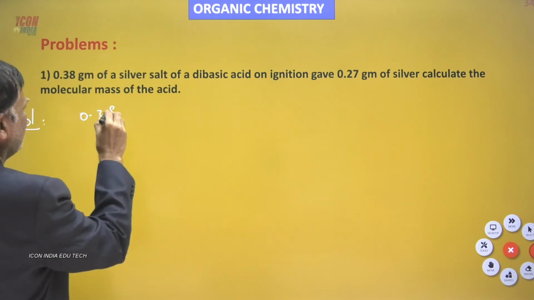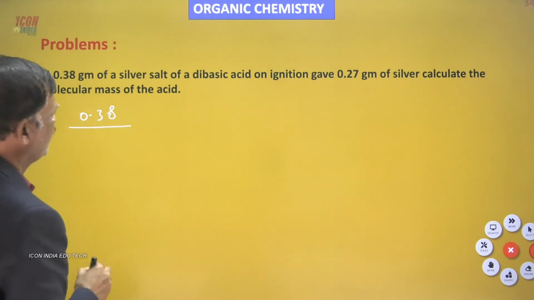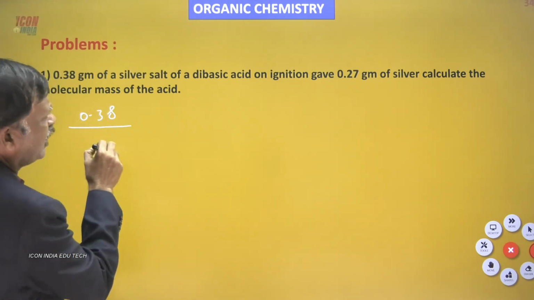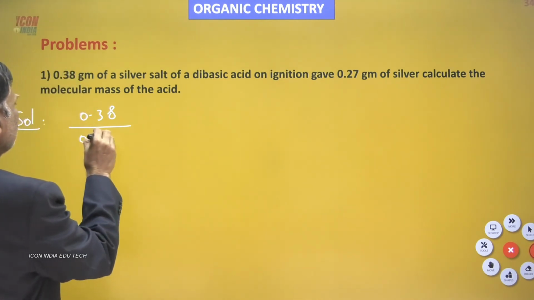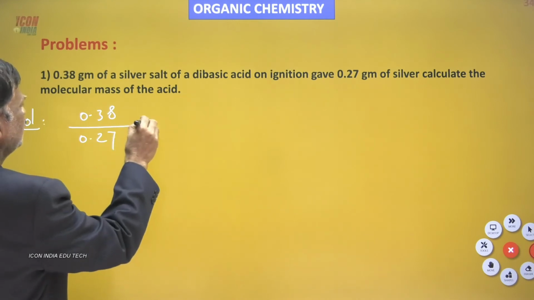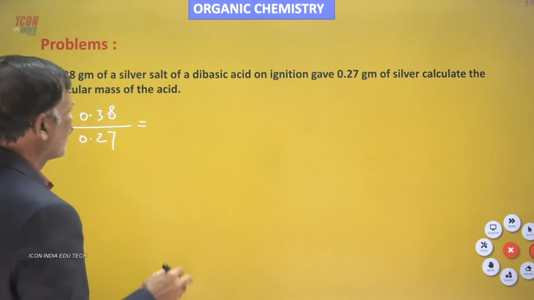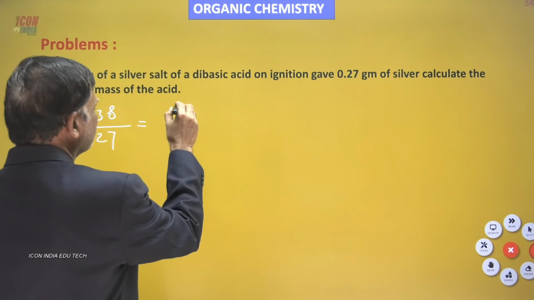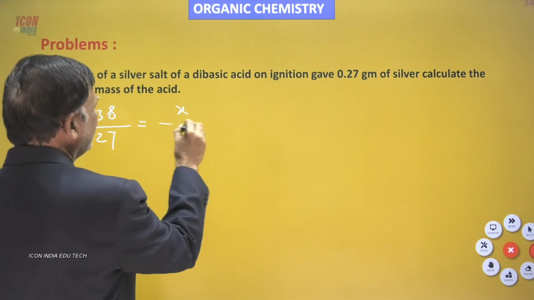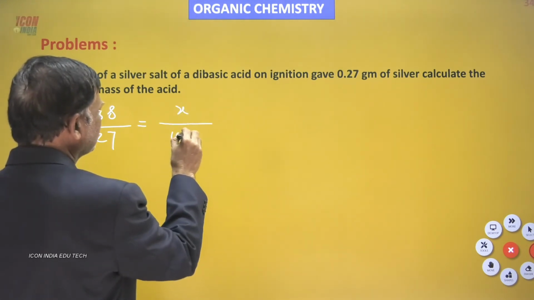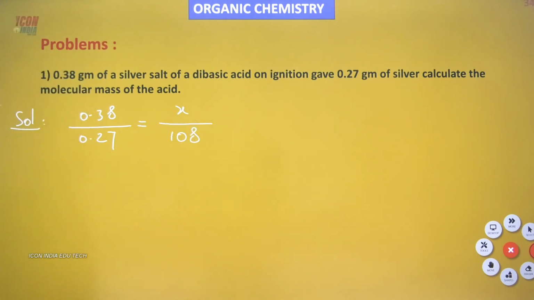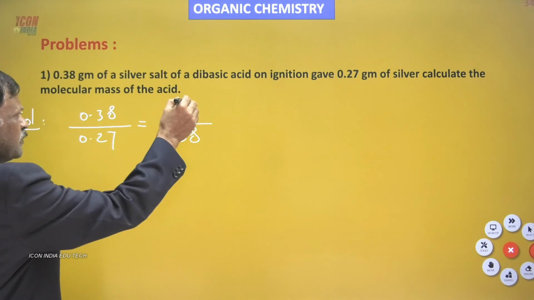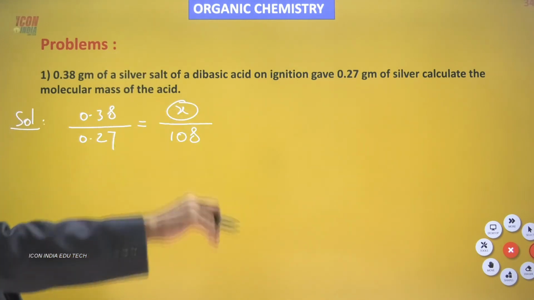So, mass of silver salt of carboxylic acid 0.38 divided by mass of silver, that is 0.27 gram, that's equal to equivalent weight of silver salt divided by equivalent weight of silver. So, you are getting the equivalent weight of silver salt.